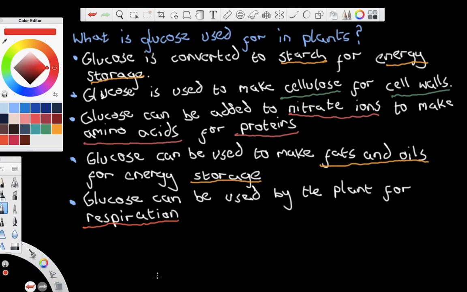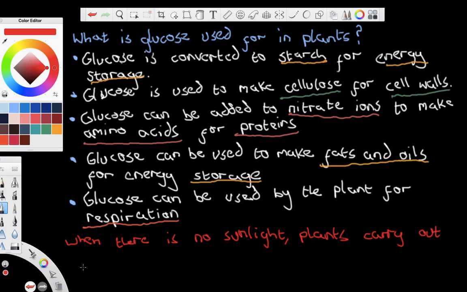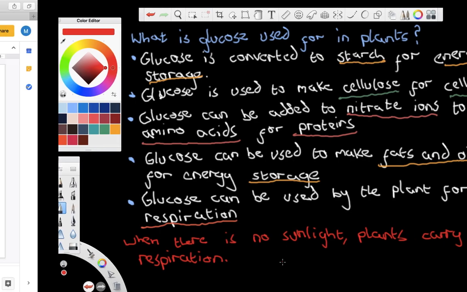So we can say here, I'm going to put it in red because it's important, when there is no sunlight, plants carry out respiration. So when there is no sunlight, plants carry out respiration.